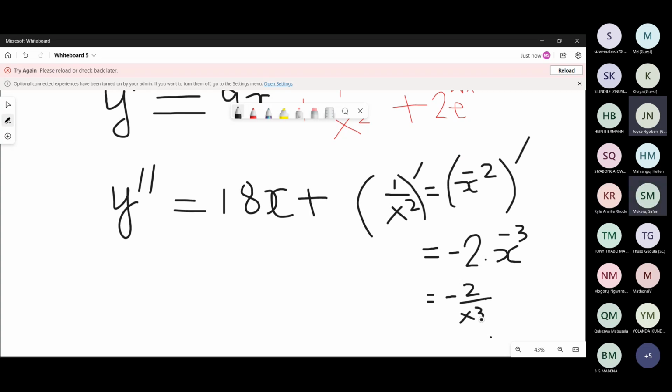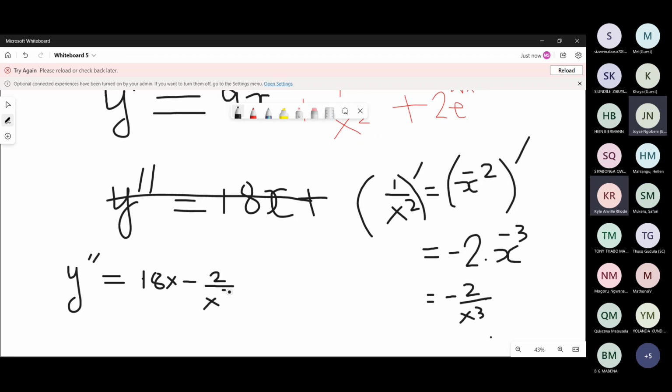So here y second will be 18x minus 2 over x to the power 3 plus what?